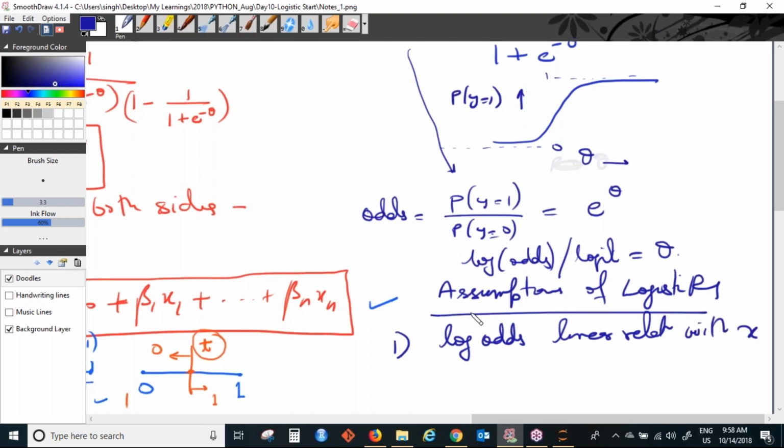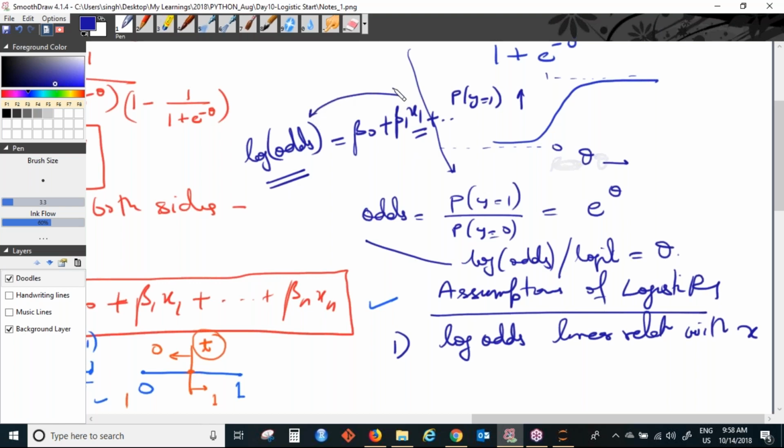In this equation, we are getting log of odds or logit is equal to beta naught plus beta 1 x1 plus all the others. So what can we say here looking at this? That means this should have a linear relationship with your variable x, right?